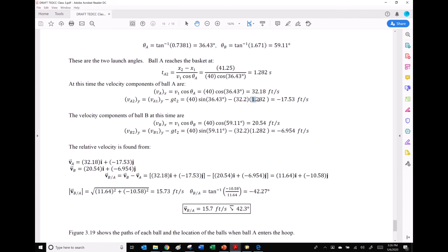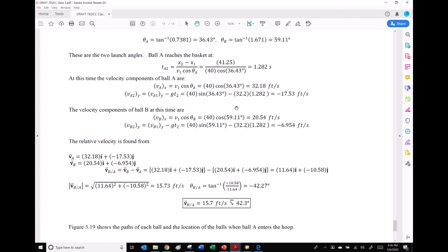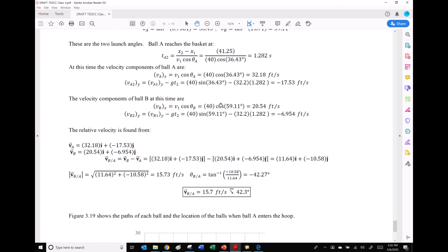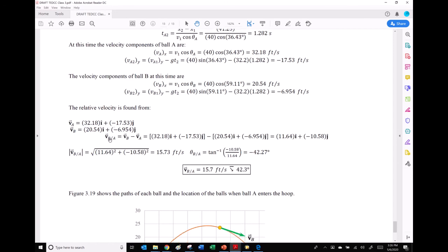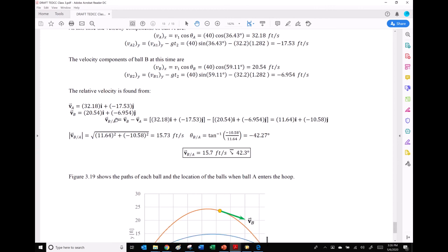So we figured out that time. At the same time, you could figure out the components of ball B at that same time, and now you could turn them into vectors. You have the vector of A, you know what that looks like, and you have the vector of B, you know what that looks like, because we have the components of them. And now we can get the relative velocity between the two, and we can get what the angle is.